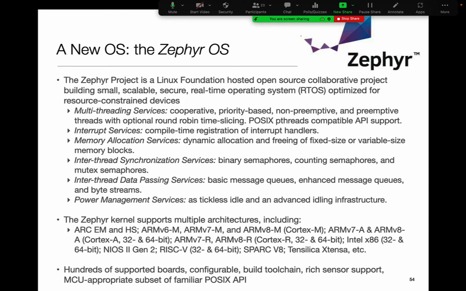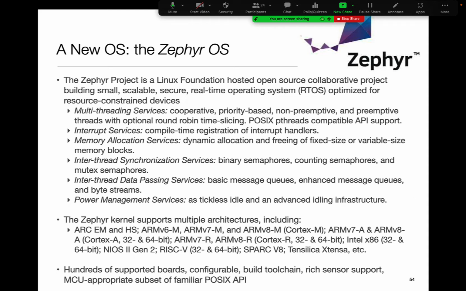There's a new OS which emerged over the past 2-3 years, and this is from the Linux Foundation, Apache Foundation technically. Apache license and Linux Foundation. Anyway, long story short, this is an attempt to essentially create something which is the Linux equivalent for small processors.